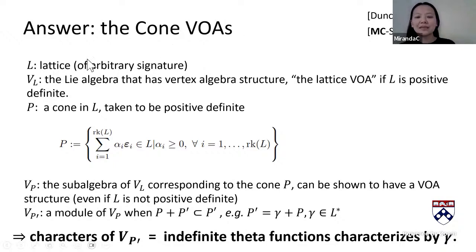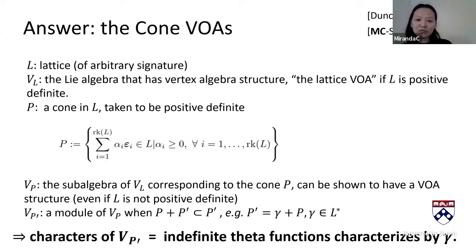Let's take a lattice. Usually we're familiar with positive definite lattices, but let it have arbitrary signature. Then famously, and I'm not going to review it here in view of time, you could construct what's called the lattice VOA. It's a VOA if the lattice is positive definite, but if it's not positive definite, this algebra still has vertex algebra structure.